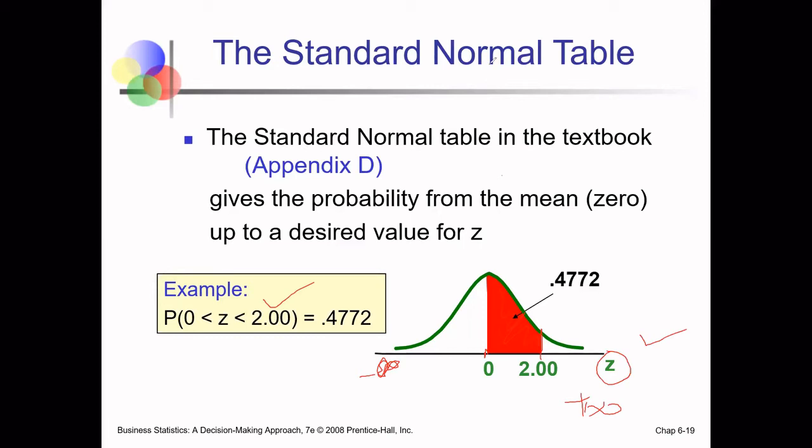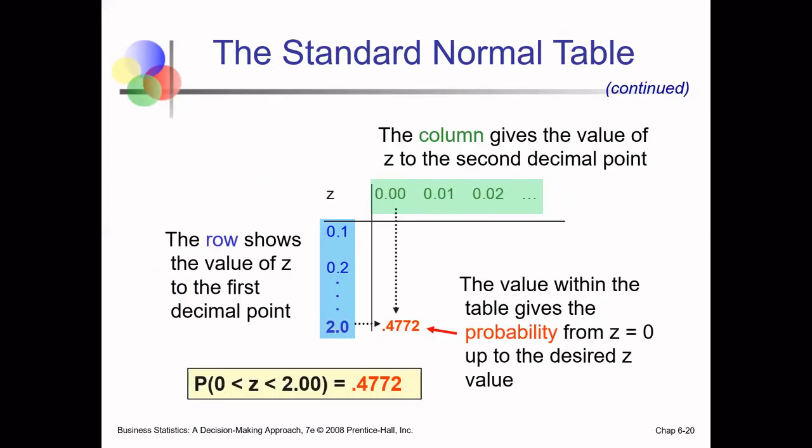Table shows that, just a minute. This is how you can see the table when you go to Appendix D in your book. Appendix D shows numbers written row-wise and column-wise. First you want to find this 2.